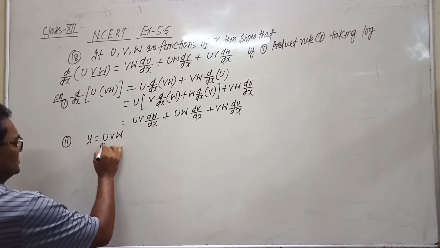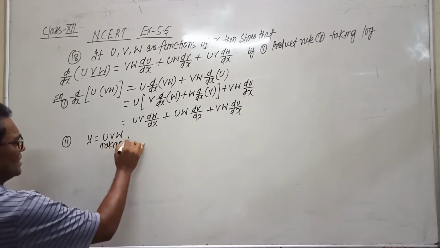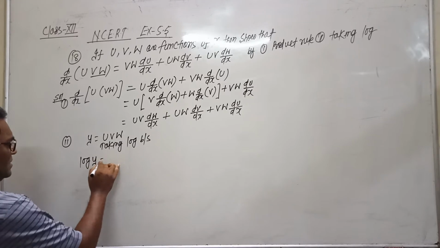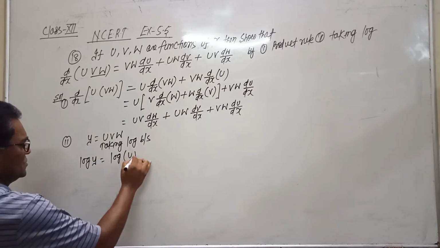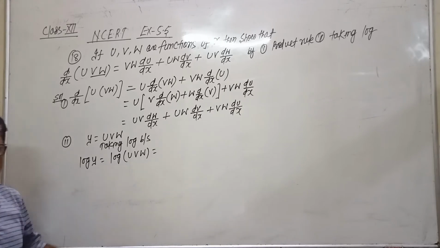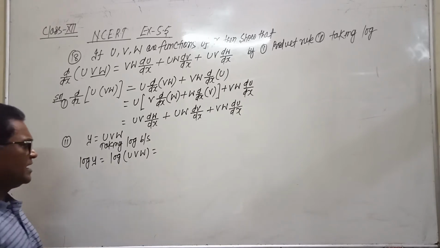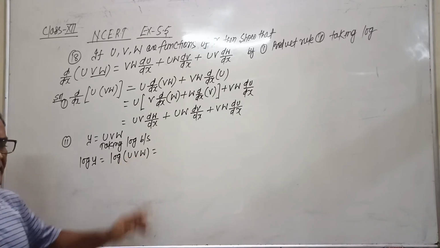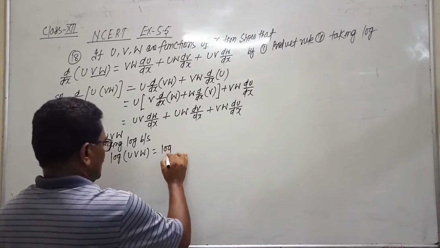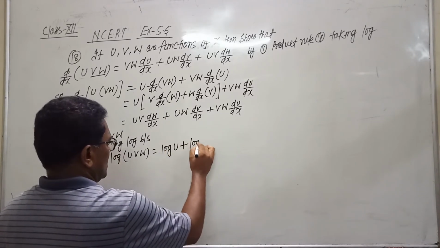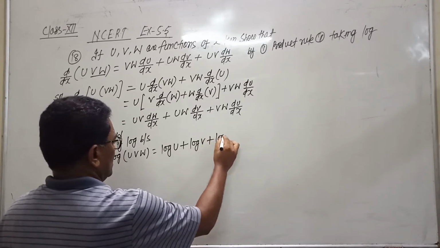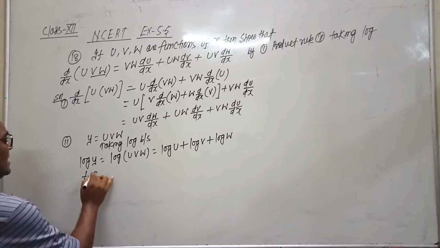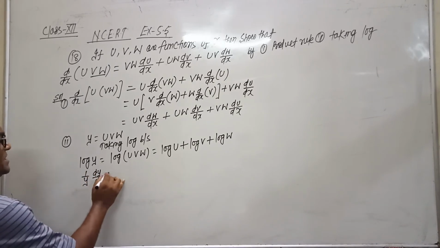Taking log both sides, log of y equals log of u, v and w. Log of u, v, w is expanded using the properties of log. Log of a into b into c is written as log of a plus log of b plus log of c.